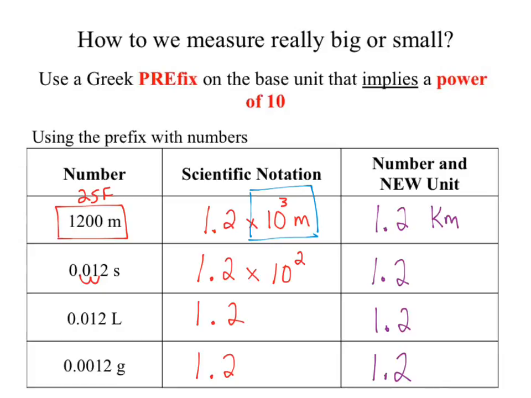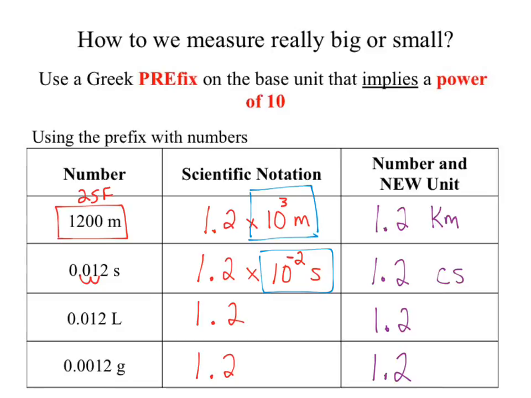So 2 shift, and it needs to be negative 2 because I'm looking at a small number, not a large number. And I'd still be wrong. Seconds or s, I'll accept both. My new unit needs to become centiseconds.